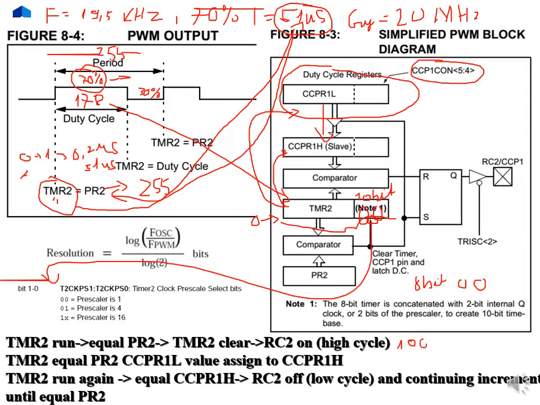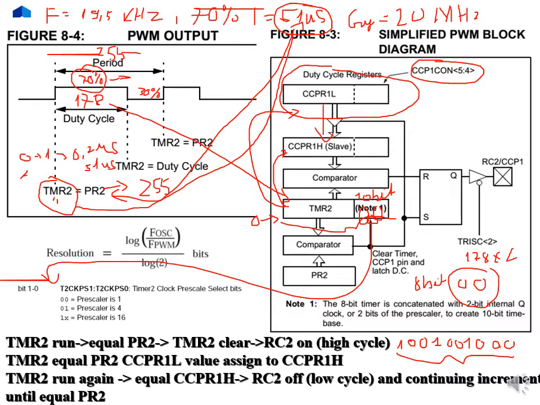We can write 178 as binary like this, 1 0 1 1 0 0 1 0, and we add 2 more bits here, so this is 0 and 0. So we will have this 10 bit timer 2 here.